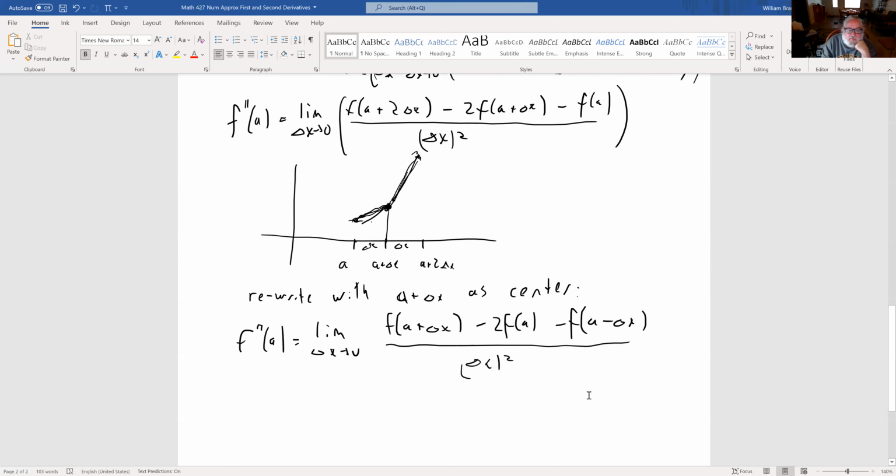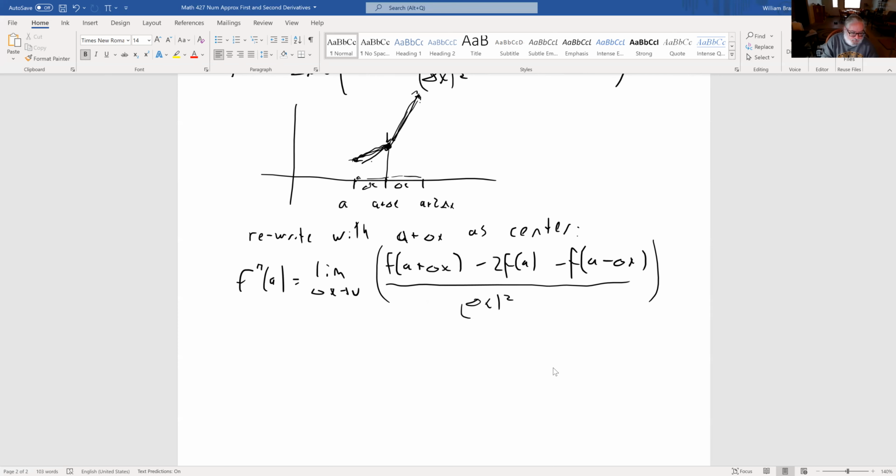So that's just relabeling these things. It's the same 3 points and the same fractions, except we're going to think of this as being the center a. And as the limit as delta x goes to 0, we'll end up getting the same thing, because as delta x goes to 0, this whole picture moves over. But this makes it a little bit easier to state.